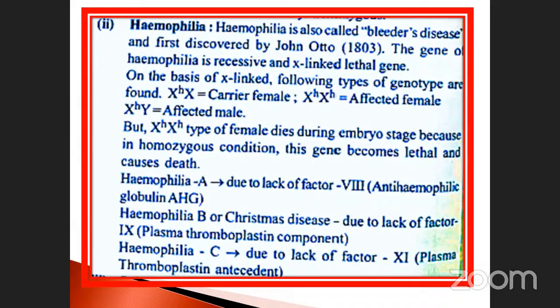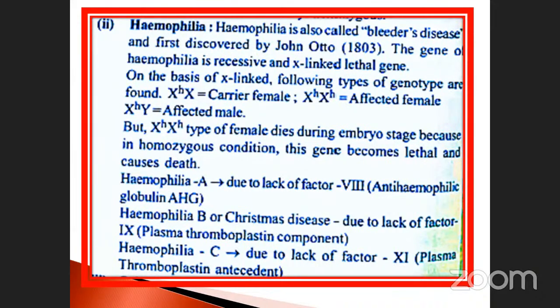So these are the 3 factors. Suppose if it is lacked in the X chromosome, the hemophilia disease occurs. Once again, I repeat for you. Hemophilia A, hemophilia B, hemophilia C. Due to the 3 factors, they have given the names A, B and C respectively.